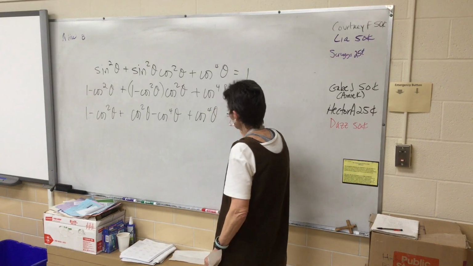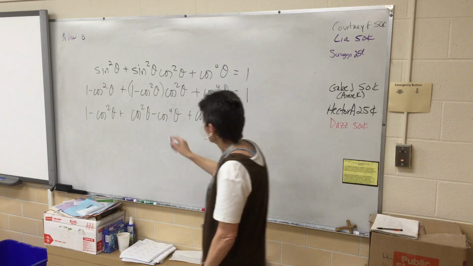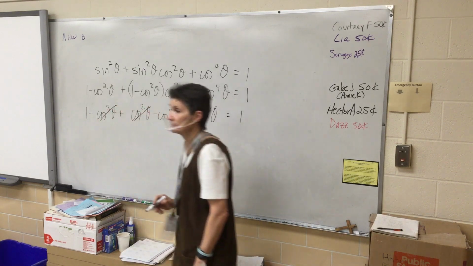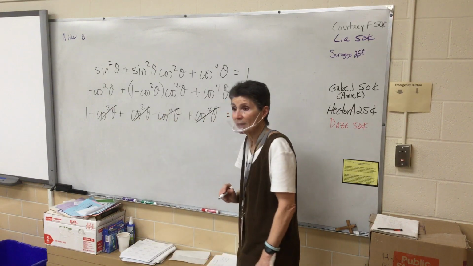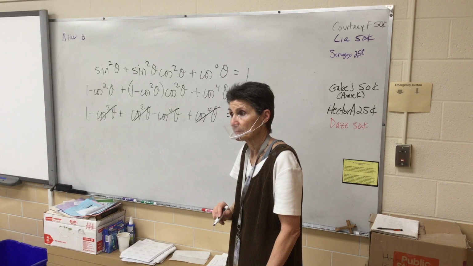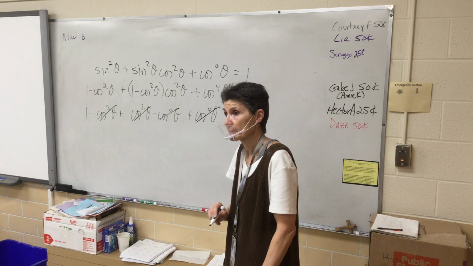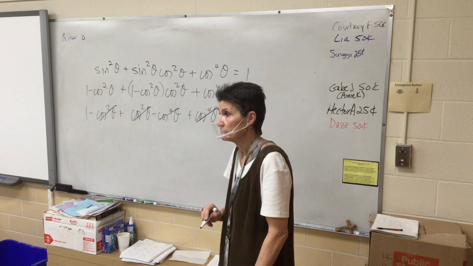Does that by any chance equal 1? Yeah. These cancel, right? And these cancel, and the only thing you have left is the one that was out in the front. Okay?